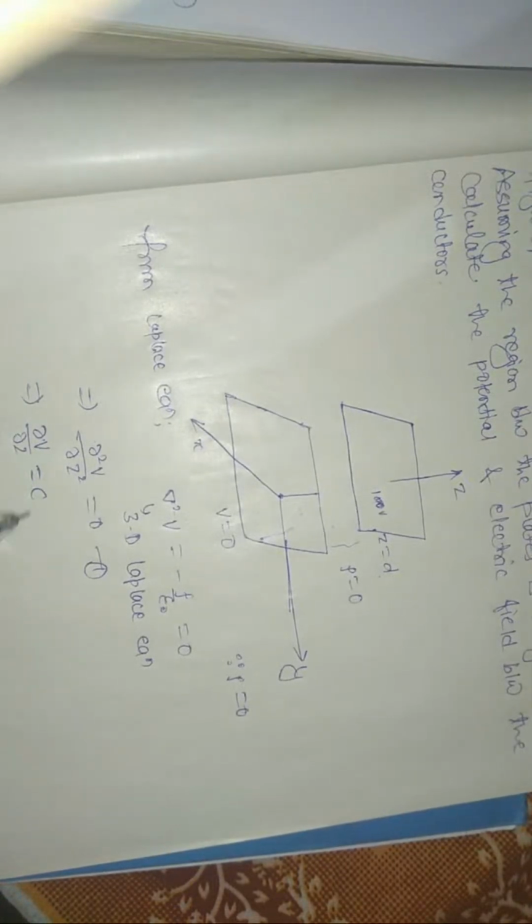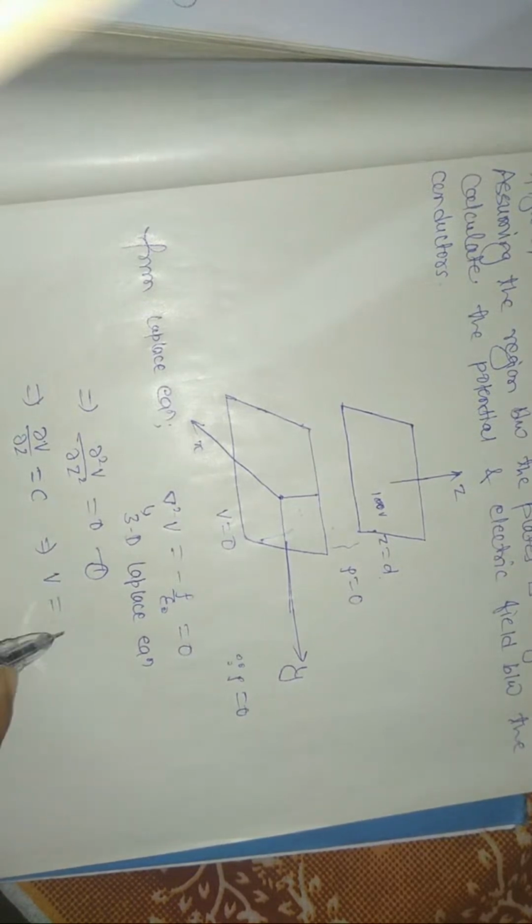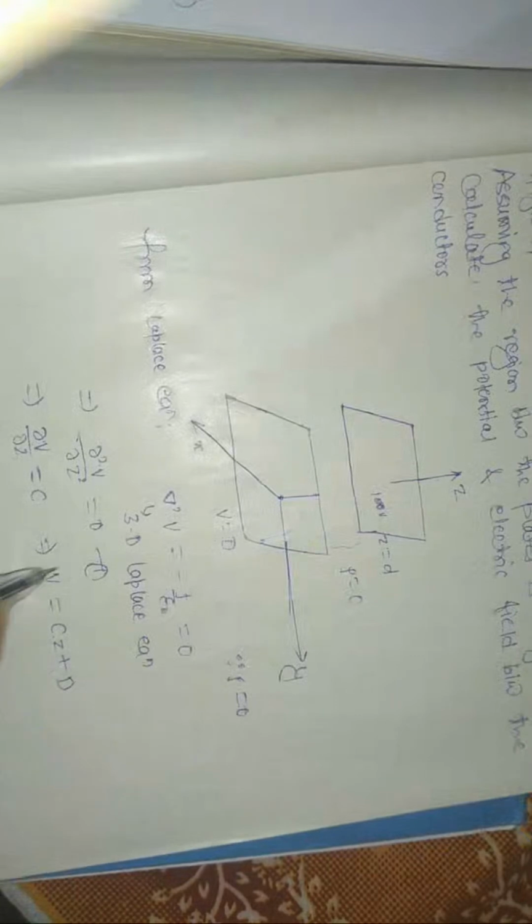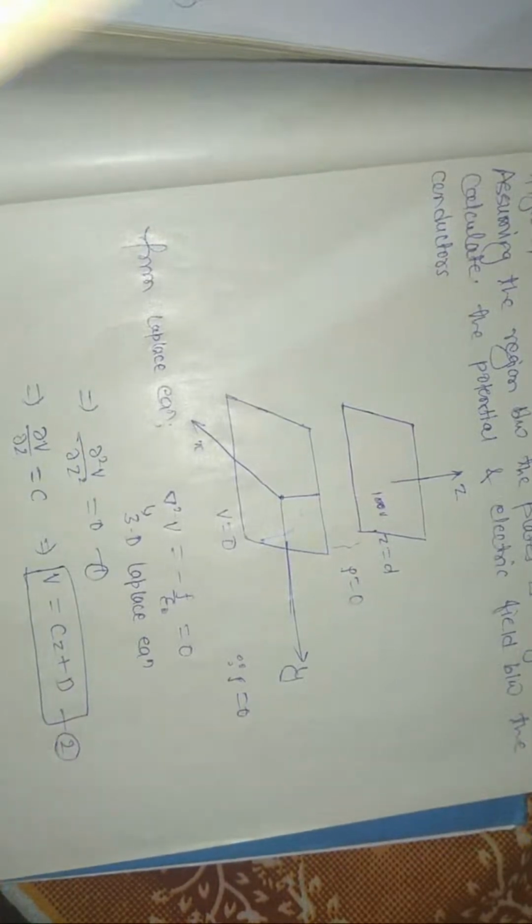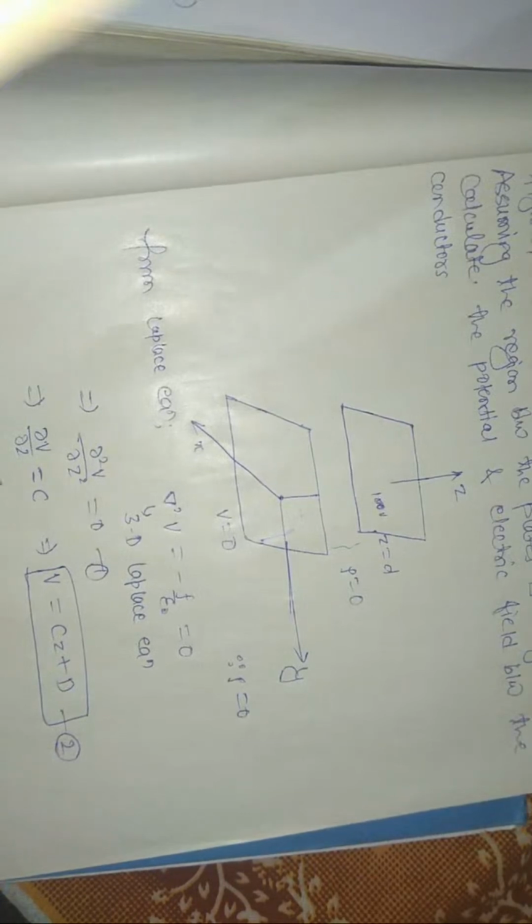First integrate, then del V by del Z equals a constant of integration C, and after integrating again we get the potential V equal to Cz plus D. It is a straight line equation where C and D are constants of integration.